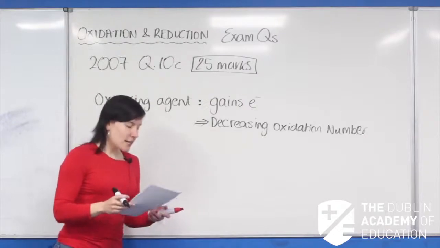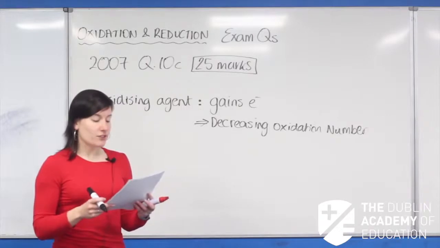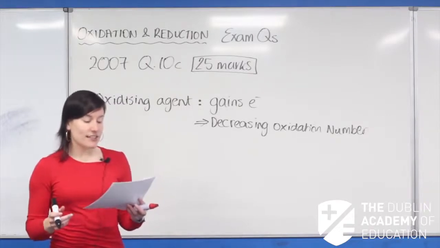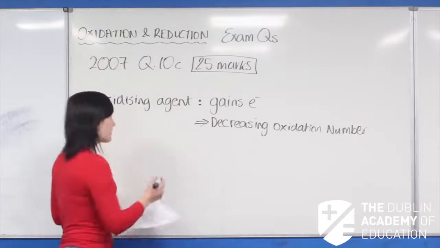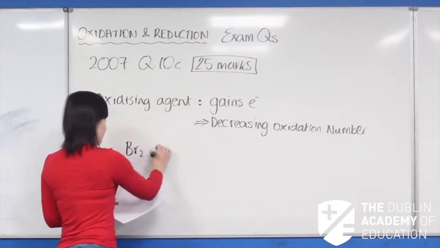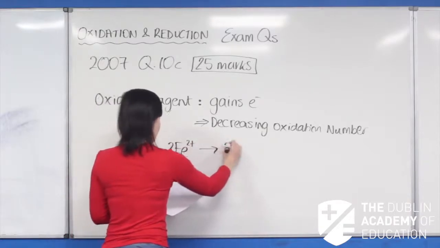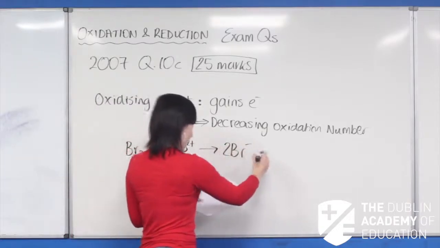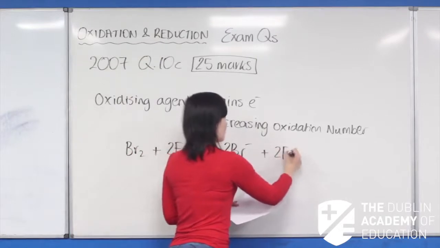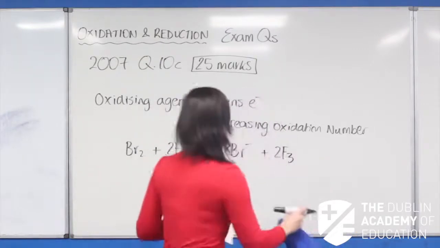All right, now, assign oxidation numbers in each of the following equations to show clearly that the halogen is the oxidizing agent in each case. So let me just very quickly write these up here. So the first equation, we have bromine plus iron 2 to give us bromide plus iron 3. Whoops, sorry. Okay, to give us iron 3.